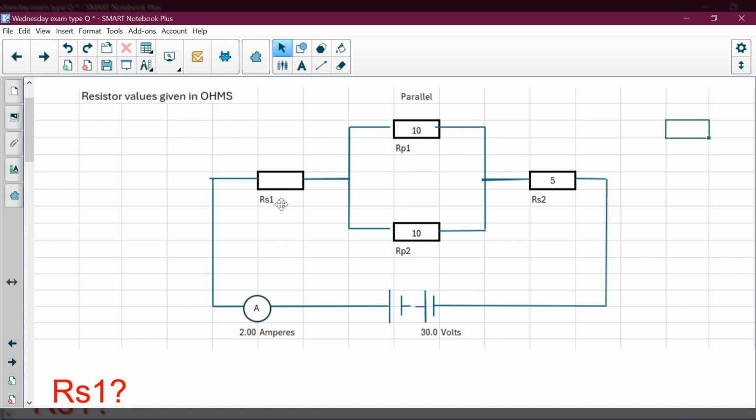Before we can calculate what this series resistor value is, we've got this parallel part of the network that we have to calculate. So we need to work out what the accumulated resistance is of having these two 10 ohm resistors in parallel with each other, what that calculates out to.